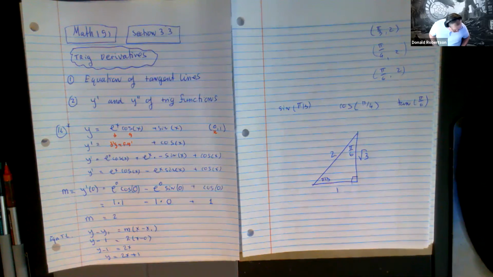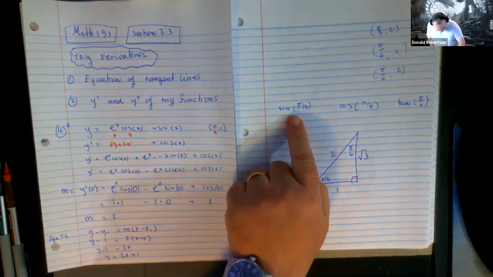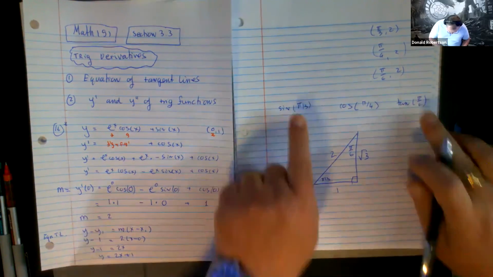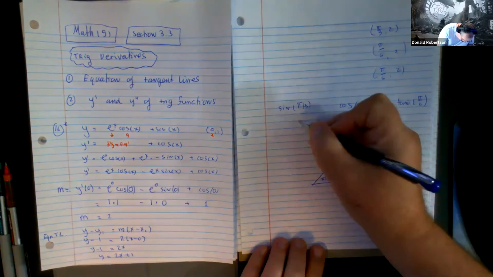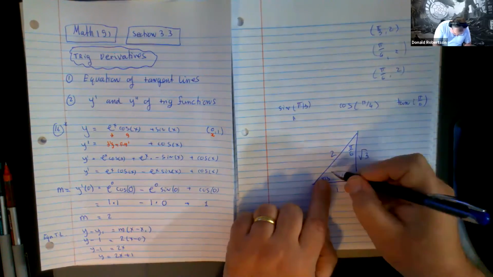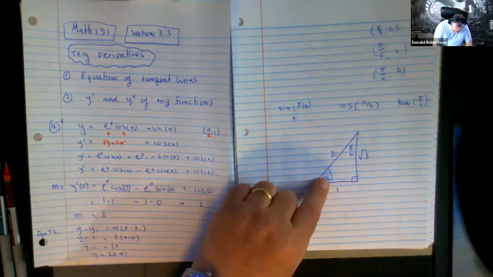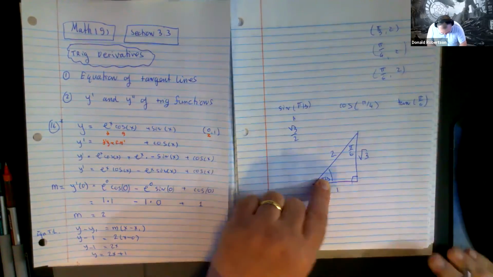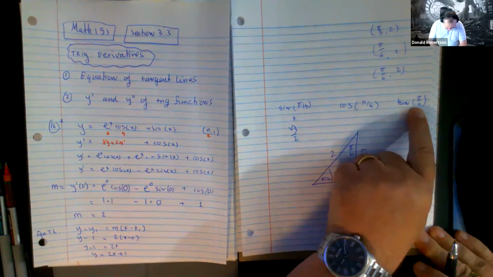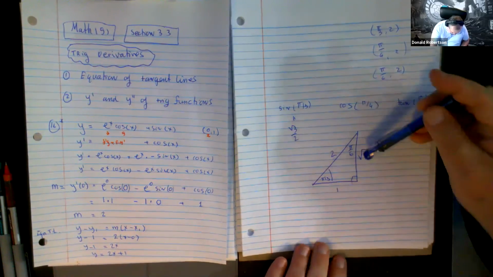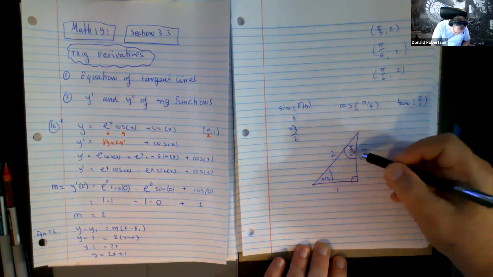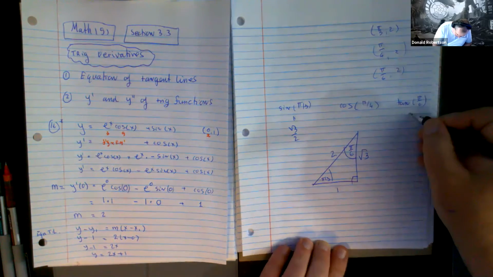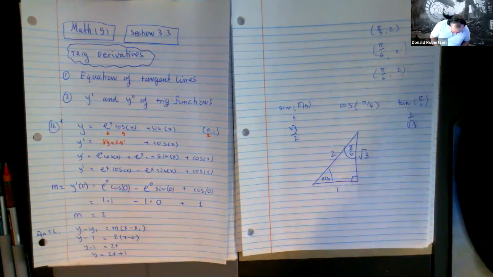What this triangle allows us to do is to find sines, cosines, and tangents of the outside angles. So, for instance, if I wanted to find the sine of pi upon 3, the sine is opposite over hypotenuse. So the answer would be root 3 upon 2. If I wanted to know the tangent of pi upon 6, the tangent is opposite over adjacent. So this would be 1 over root 3, and then you could make it look pretty.